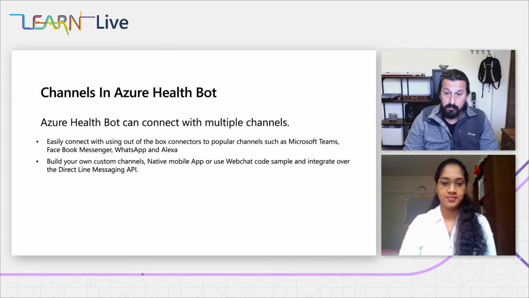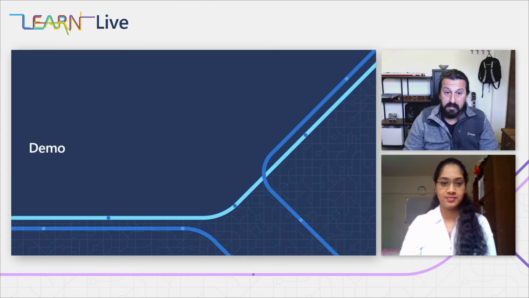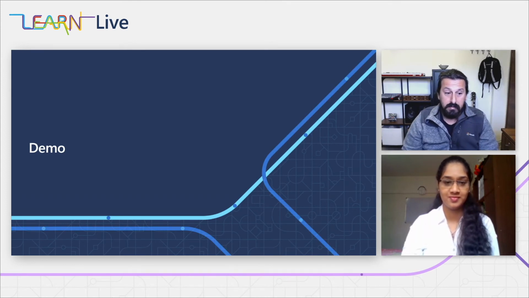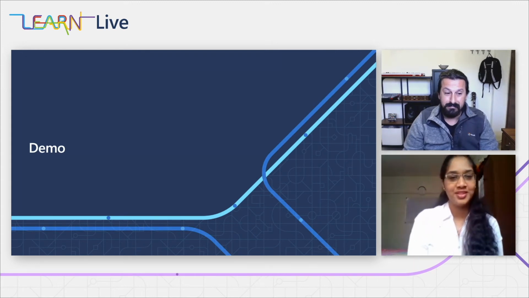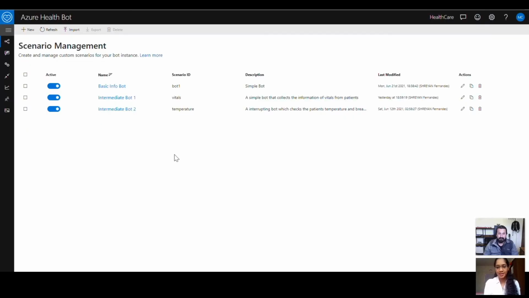So with that, we'll move on to a demo that Meghana and Shreyan will show us jointly of how to connect HealthBot with Teams. Over to you guys. Thank you, Adam. So let's quickly start the demo on how to connect our health bot to a channel. Here we'll be using Microsoft Teams.